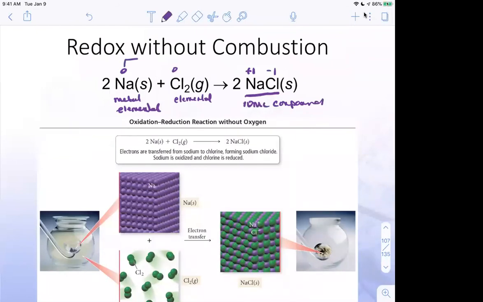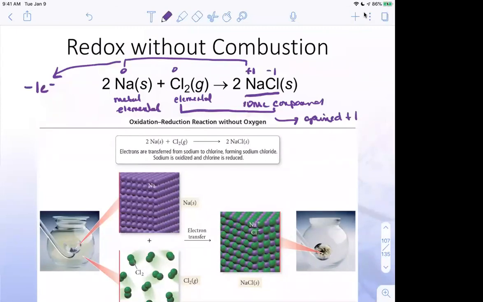So sodium went from 0 to +1. So sodium actually lost 1 electron. And chlorine went from 0 to -1. So chlorine actually gained 1 electron. So sodium was oxidized because it lost, and the chlorine was reduced because it gained.